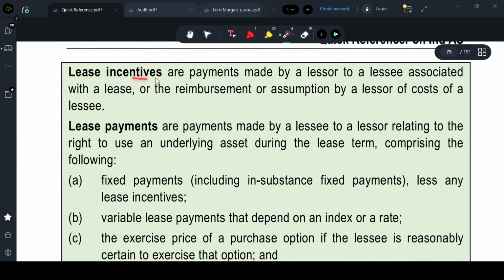Lease incentive: a payment made by the lessor to the lessee associated with the lease, or the reimbursement or assumption by the lessor of the cost of the lease. So, if you take the lease and you make the payment of 12 months at the start, I will give you 13 months or 15 months of lease period for this asset.